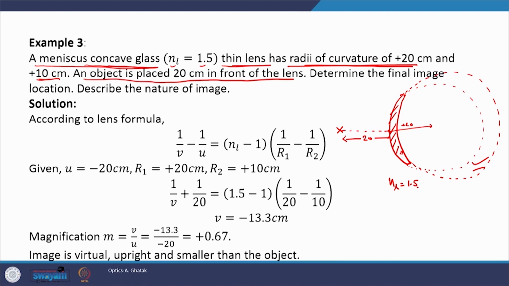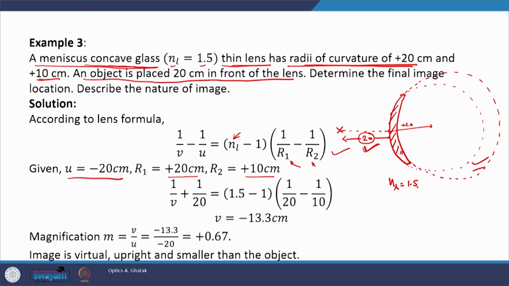Now, we will exercise here the lens formula, which is 1 by V minus 1 by U is equal to n minus 1, times 1 by R1 minus 1 by R2, where n is replaced by NL, which is the refractive index of the glass. R1 and R2 are the radii of curvature, which are nothing but plus 20 centimeter and plus 10 centimeter. The object is placed at 20 centimeter in the object space.